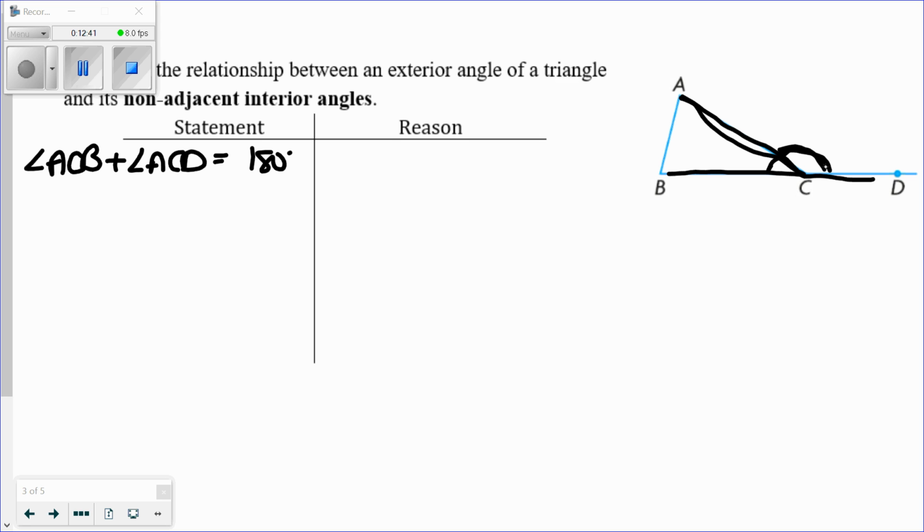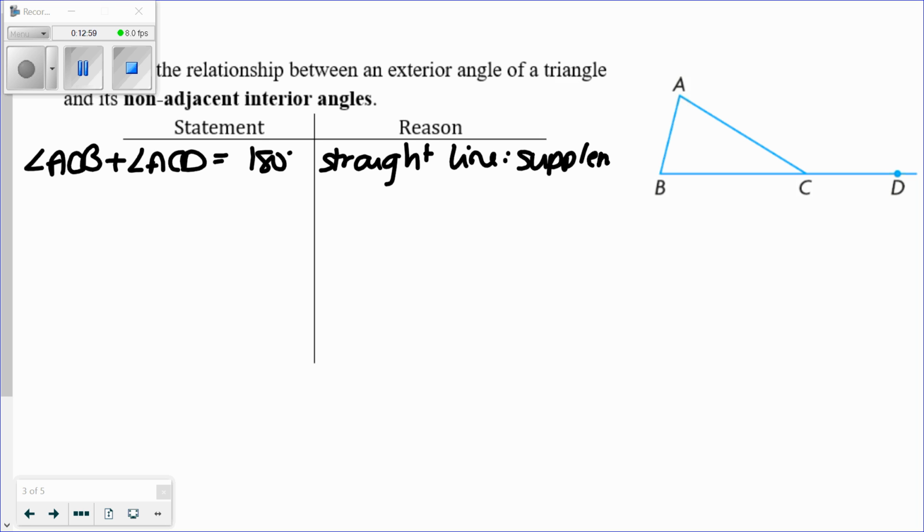That should make sense because they are on a straight line, and angles on a straight line are supplementary. Probably going to have to erase that in a second, but angles on that straight line are supplementary.